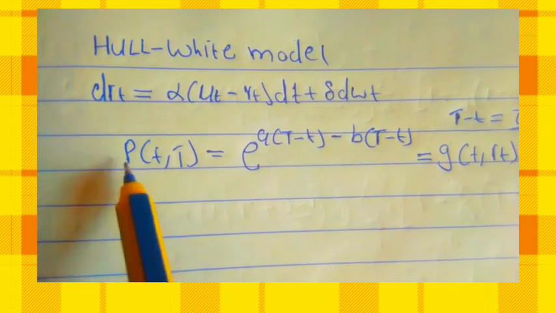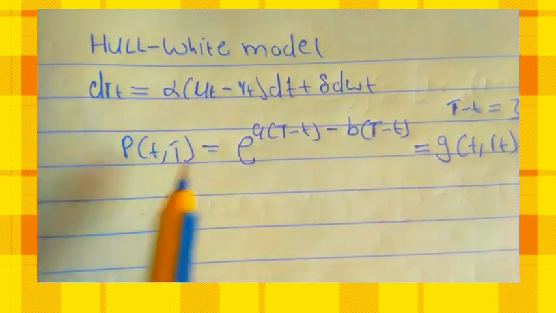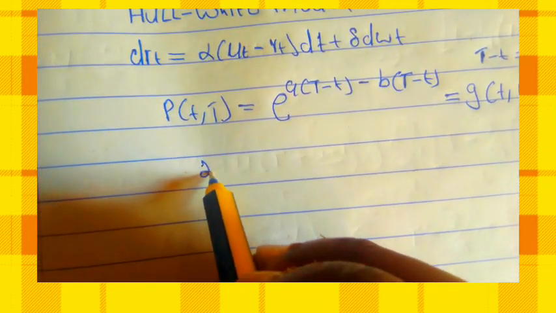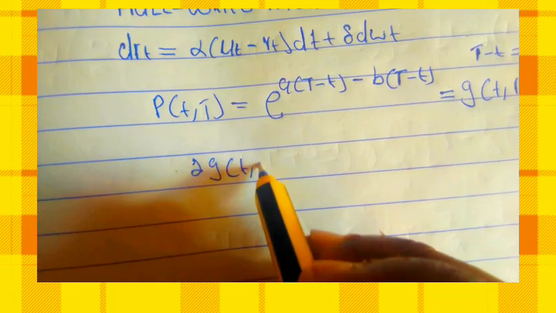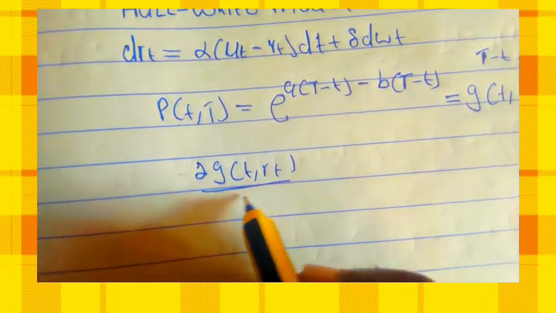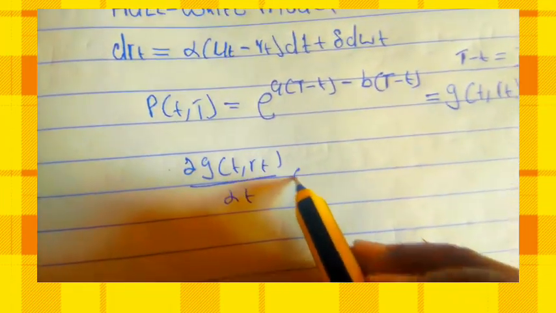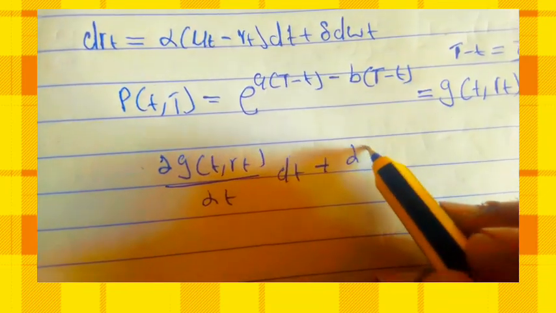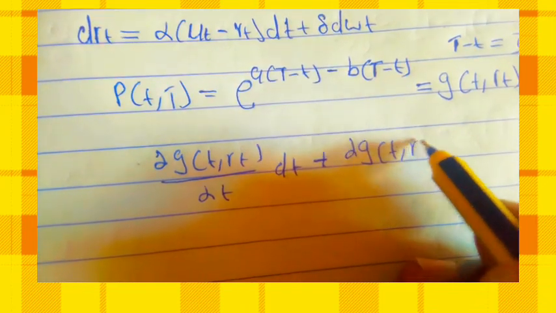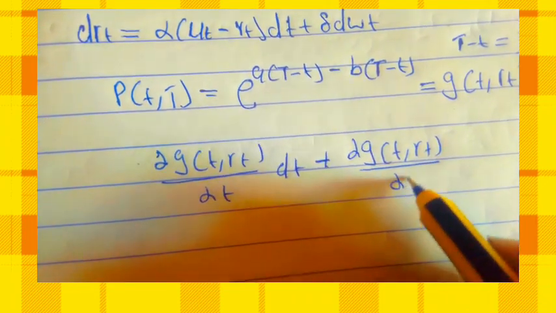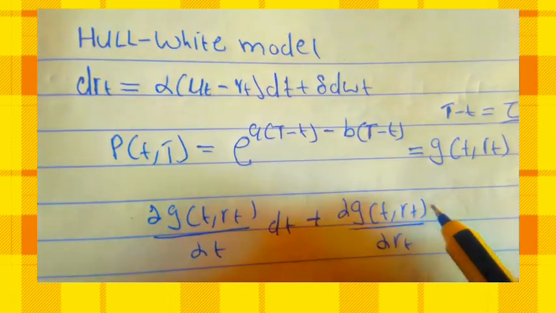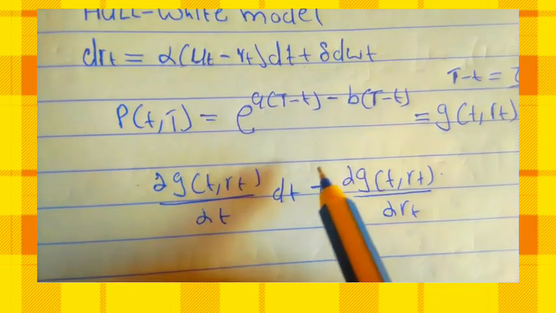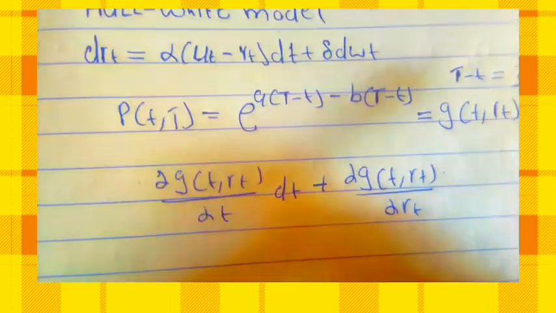So we are going to take the drift term of the Vasicek model, which looks like this one, changing over changing t dt plus changing over changing r_t. Then we substitute this one. Remember, here we are using Ito's lemma.